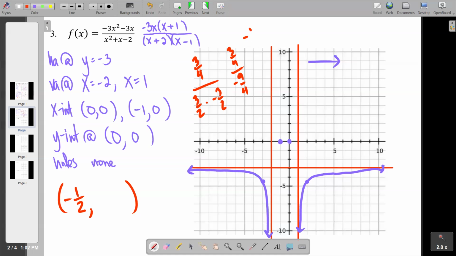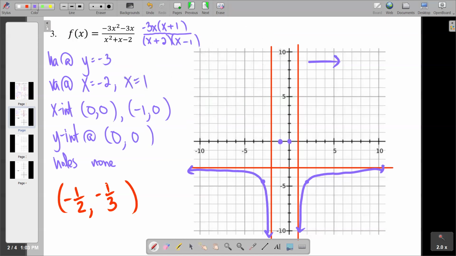Got -1/3. Awesome. Huge, because now we have cracked the code.